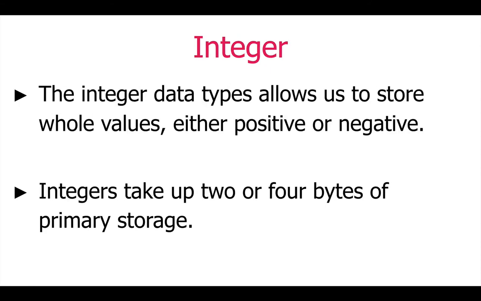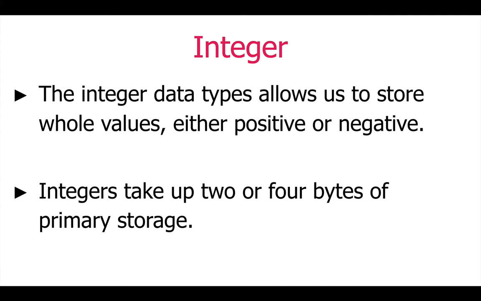That is compared with an integer. The integer data type allows you to store whole values, either positive or negative. In terms of these comments about primary storage and bytes, I'll come back to those later, so you don't have to worry too much about those just for the moment. Where I might want to store a number as an integer, rather than as a string, is when I perform a calculation.